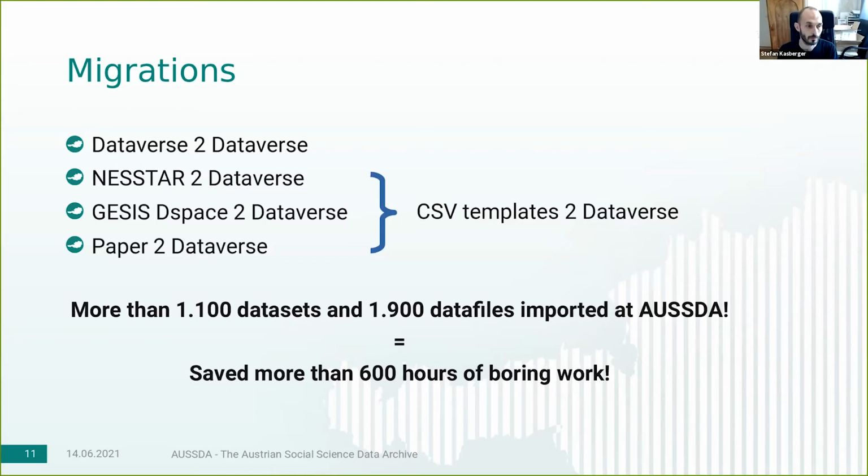And so far, only at Oster, I've used it to import more than 1,100 data sets and 1,900 data files. And I would say it saved so far about 600 hours of, mostly boring work, like copy pasting from your spreadsheet to the front end on Dataverse, and this is done automatically.